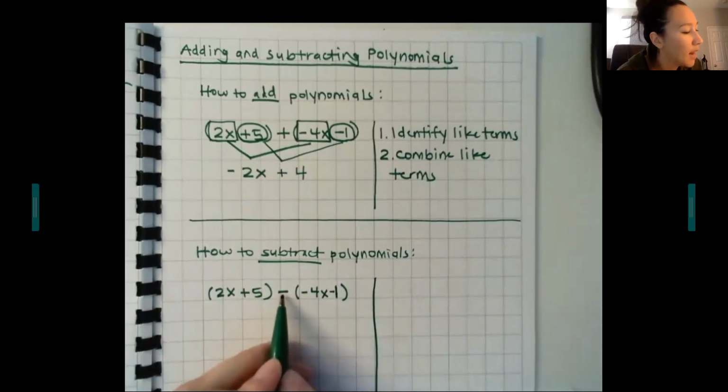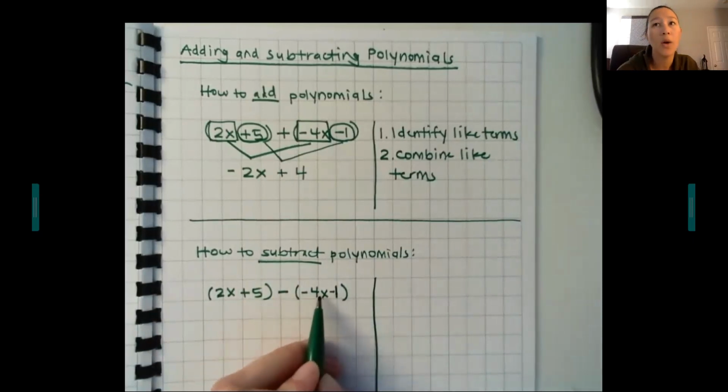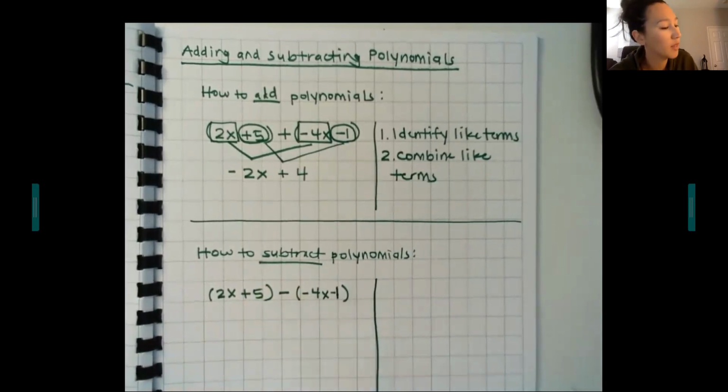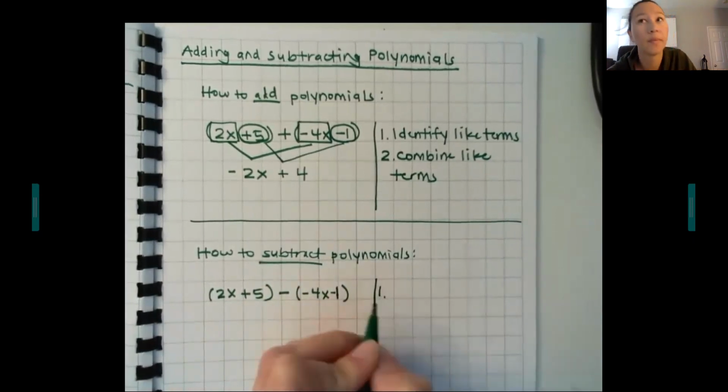So since we have a negative out in front of parentheses, we're going to need to distribute that negative to all the terms in the parentheses following it.